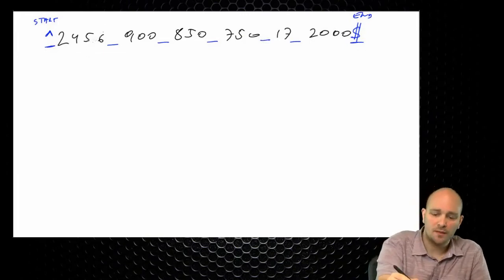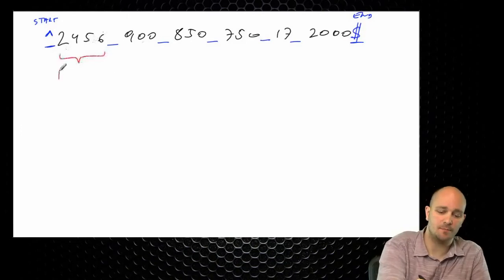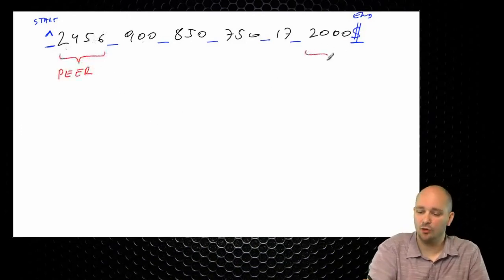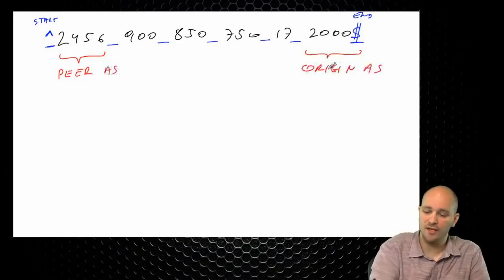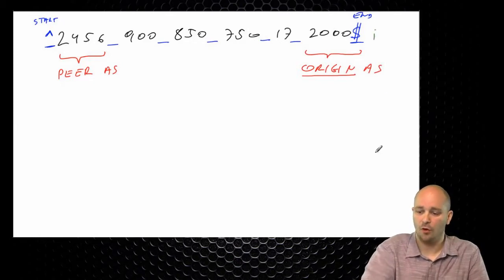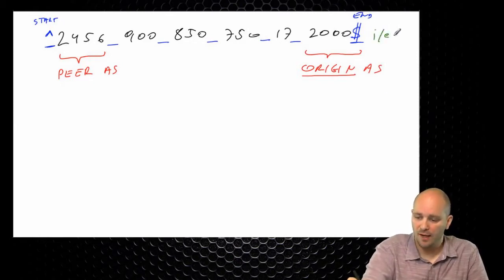Also, the important thing is that this autonomous system is something that we are going to be calling the peer AS. This autonomous system is something that we will be calling the origin AS. Important thing not to mix this up with the origin code. The origin code is not part of the path, so it is outside the path.